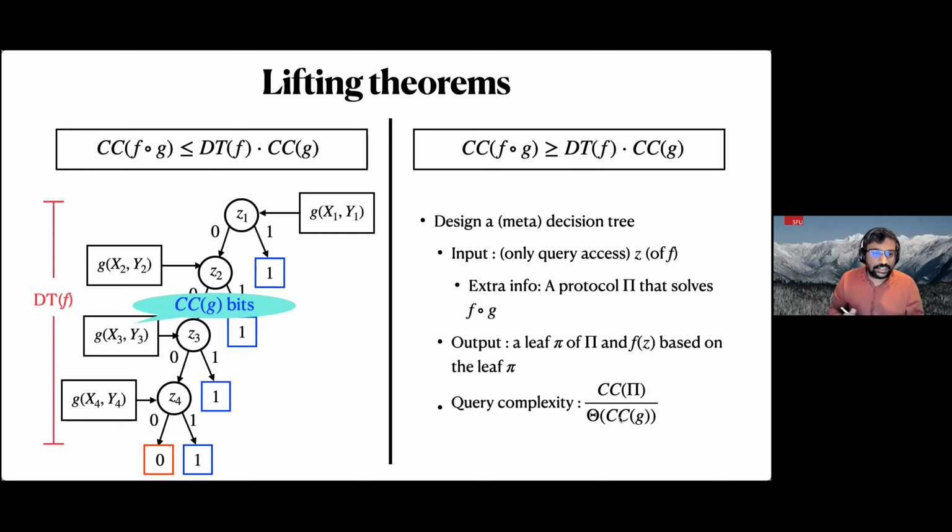But for this hard direction to work, we'll need some properties from the gadget. This is why we can only prove lifting theorems for certain gadgets. So this is the meta recipe. And this in turn shows that the decision tree complexity of f times the communication complexity of g is upper bounded by CC of pi, and CC of pi for the best pi is CC of f composed with g.